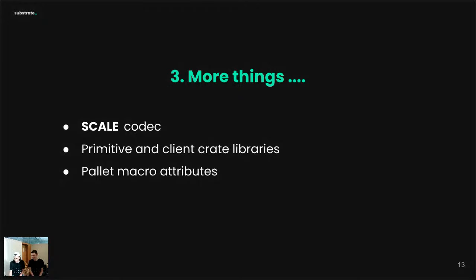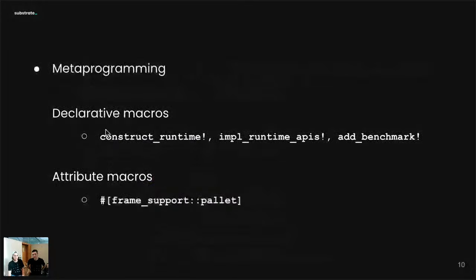There's a question about what types of macros are available and what are more commonly used in the current state of Substrate. I indicated here the most commonly used types of macros, but really we use all types of macros.